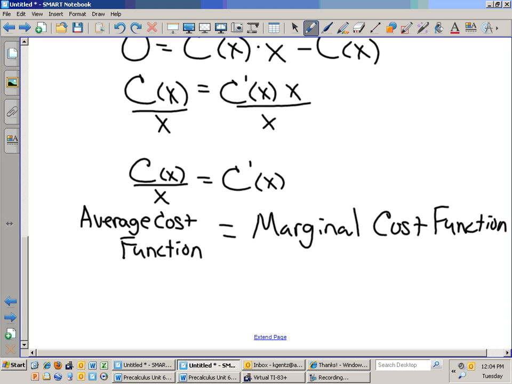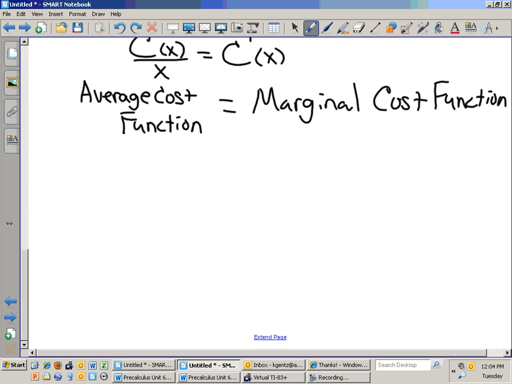Very good. Morgan asks a very good question, and it really revolves around this. When can the average cost function equal the marginal cost function? We're going to find that out. But when it does, that's where we have minimal cost.